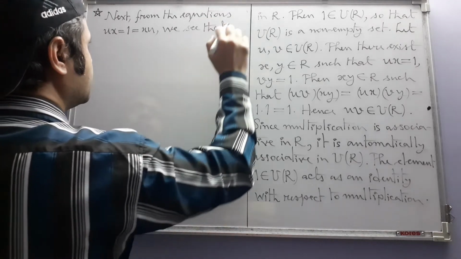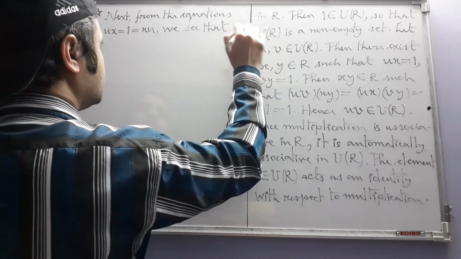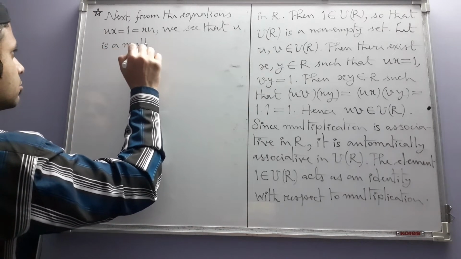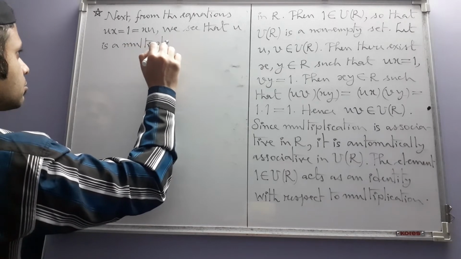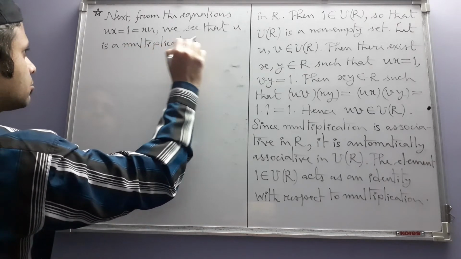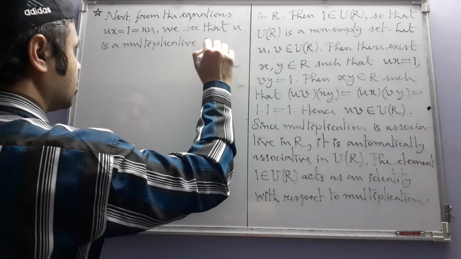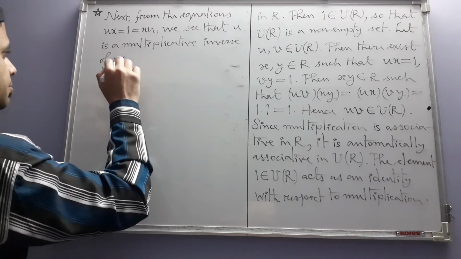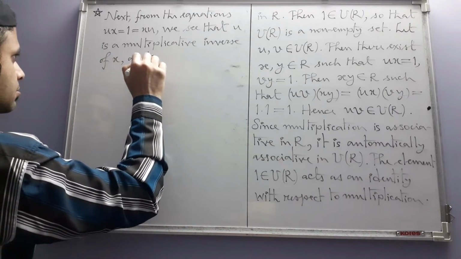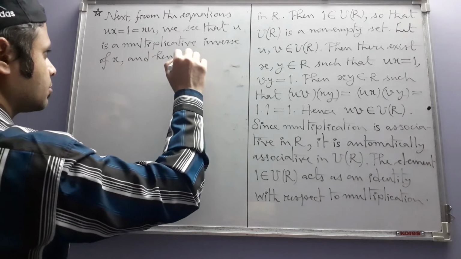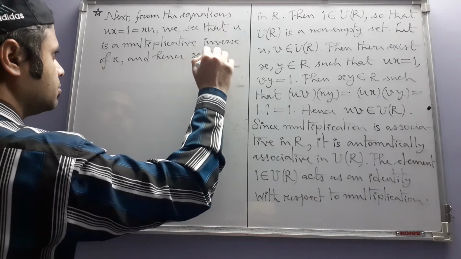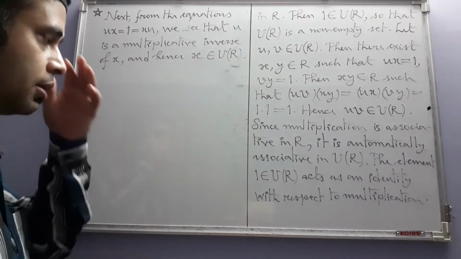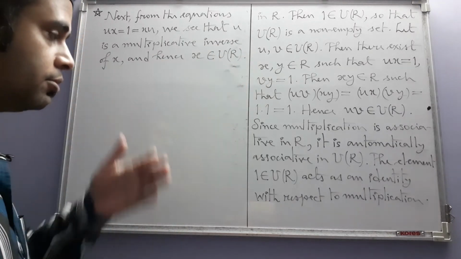We see that u is a multiplicative inverse of x, and hence x belongs to UR. So the inverse of u also belongs to UR.